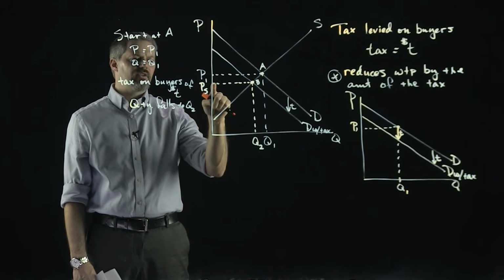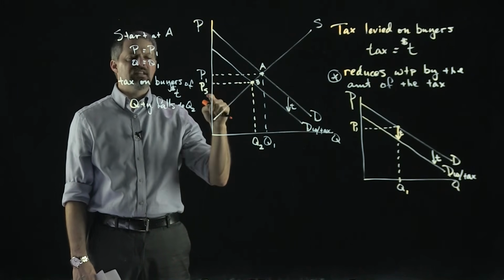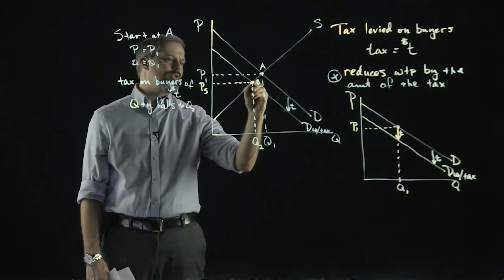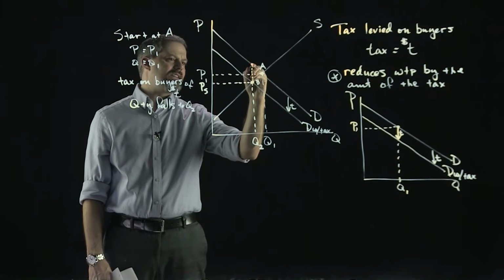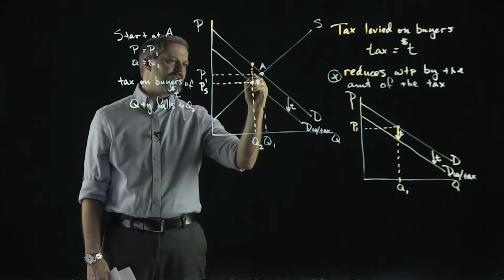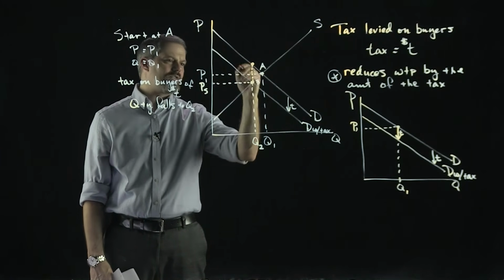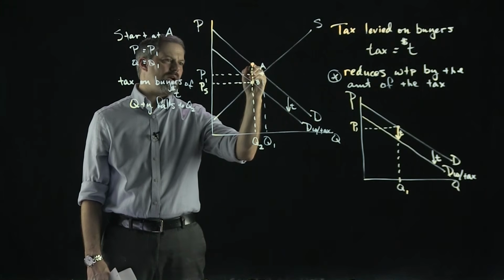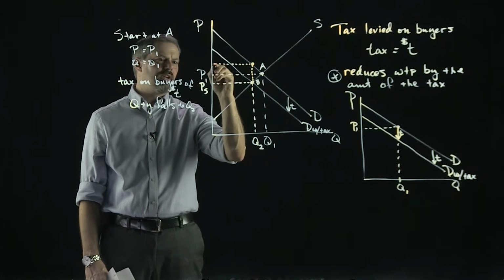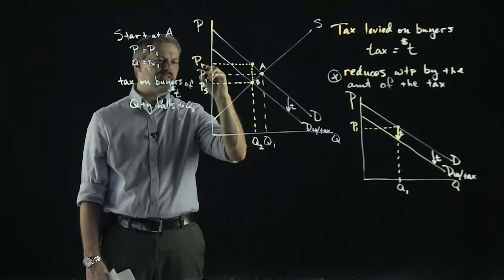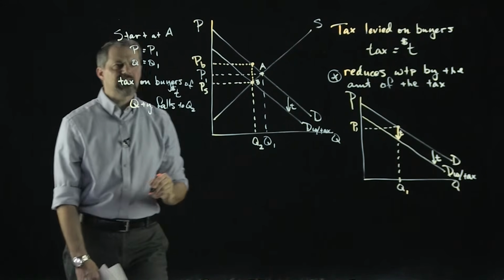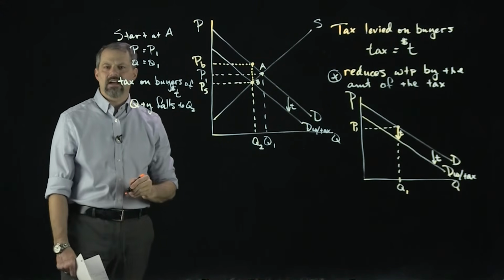The buyer has to pay this to the seller and then pay T dollars to the government. And if we add T to this price, remember the vertical distance between these two curves is T, so that takes us right back up to the original curve. There's the buyer's price. I'm going to call it PB. That's the final price that the buyer has to pay.